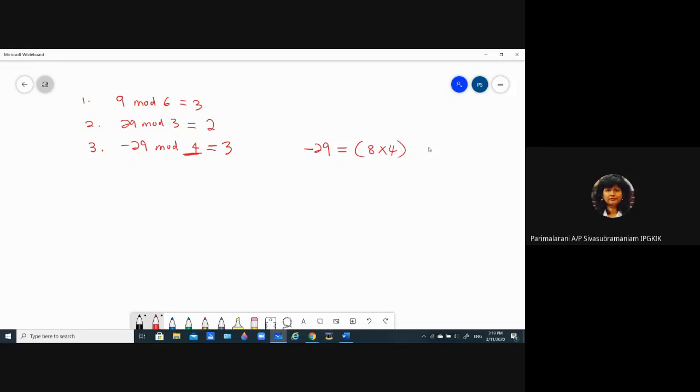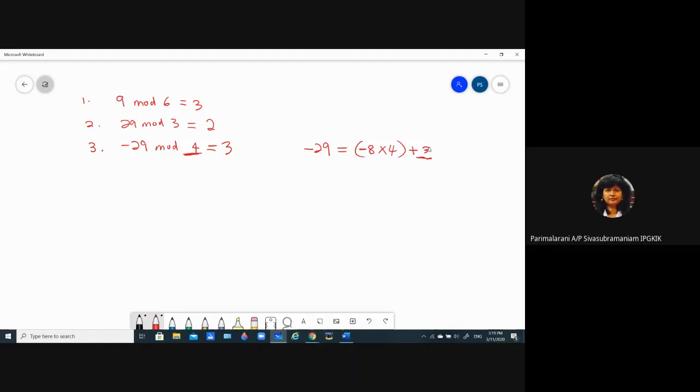So it's 8. 8 times 4 is 32. If this number is negative, then put a negative here. So negative 32 plus 3 will give you negative 29. So the remainder here is 3.